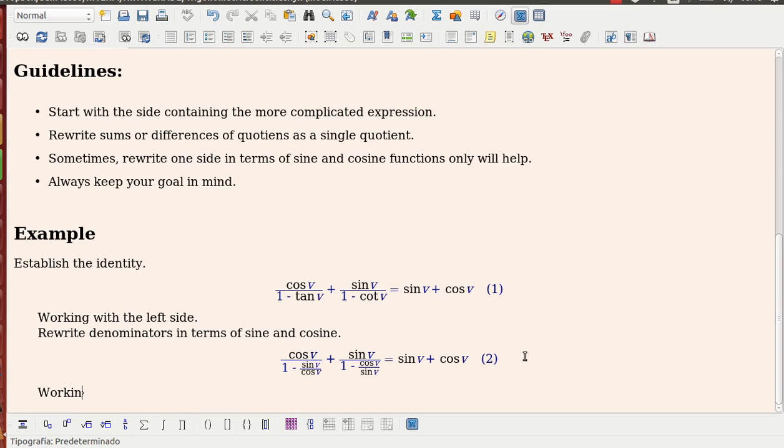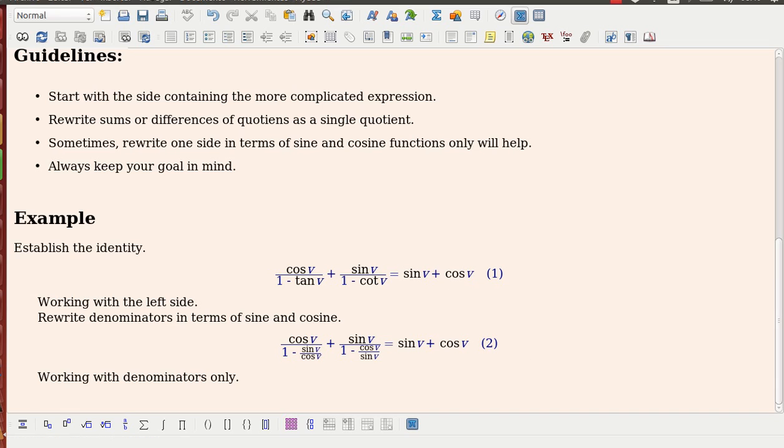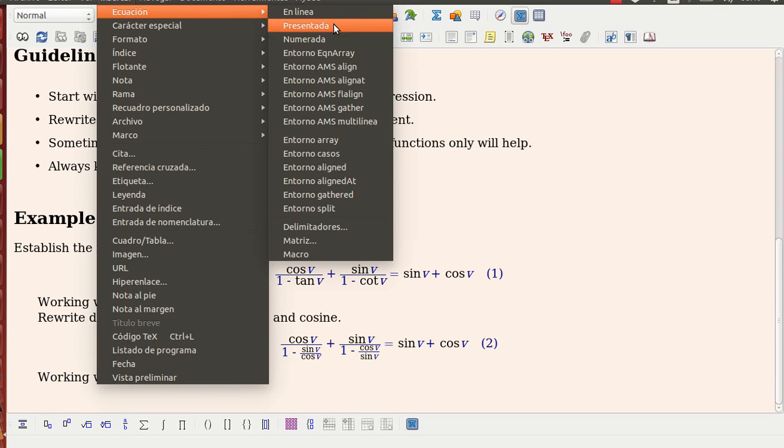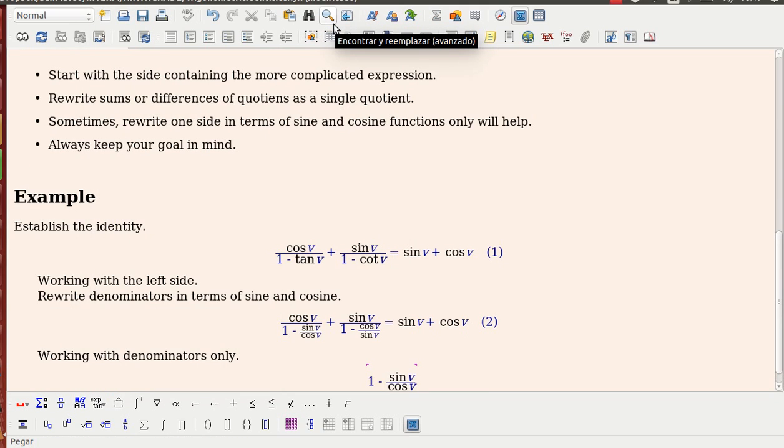Working with denominators only. So the first expression is 1 minus sine of the angle divided by cosine of the angle.